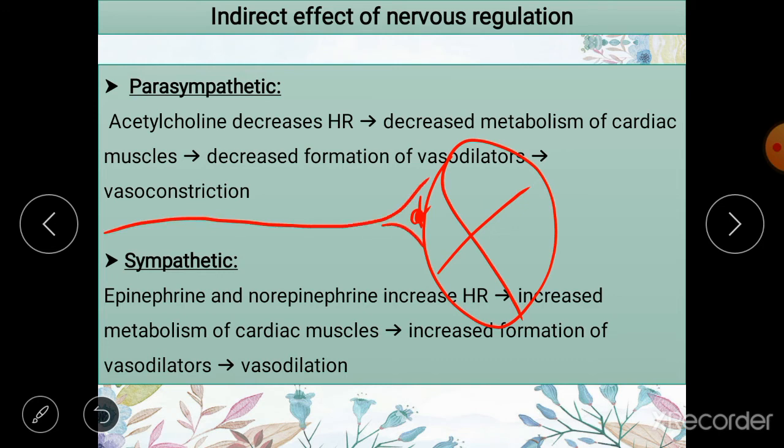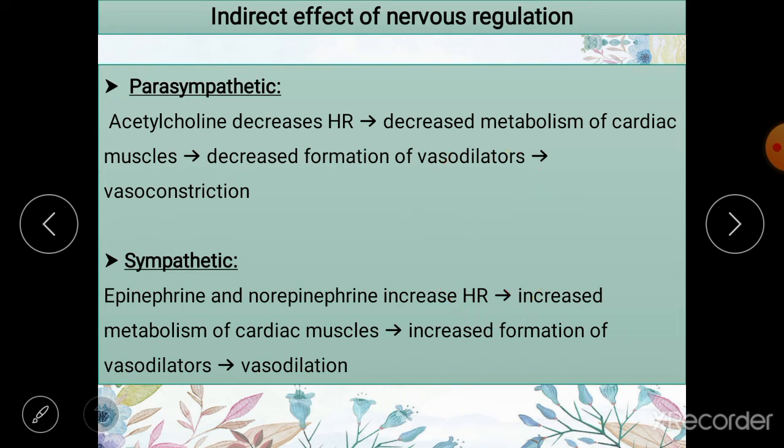So whenever there is increased parasympathetic activation, acetylcholine will be secreted at these nerve endings, and it is going to slow down your SA node. When your SA node is slowed down, your heart rate will decrease.